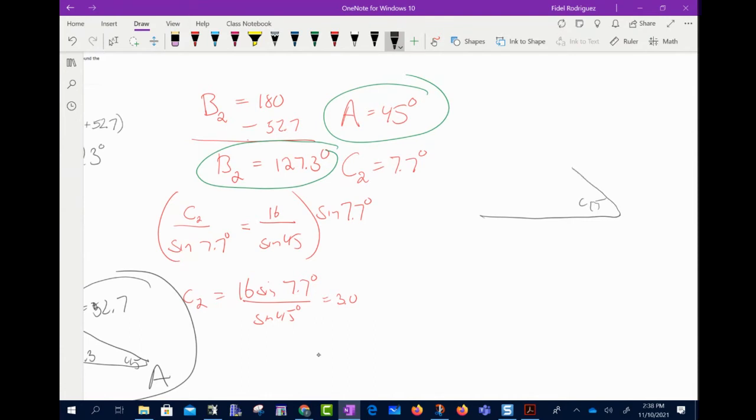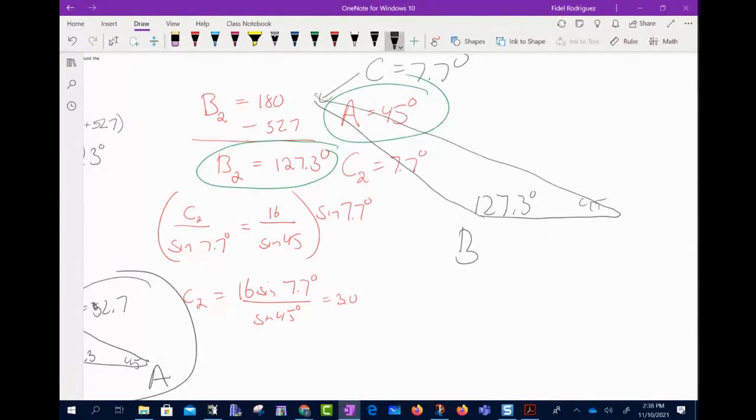Let's go like this, and I want my angle B to be massive. So I could do something like this, and I'm going to cheat a little bit right there. But here's my angle B, which is 127.3, and here's my angle C, which is 7.7 degrees.